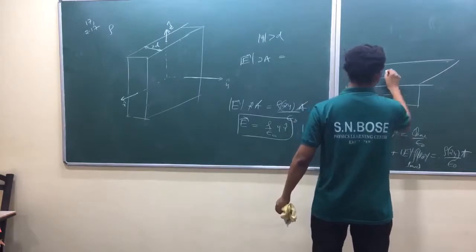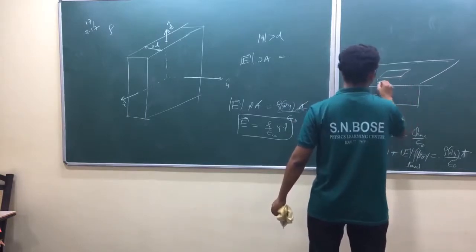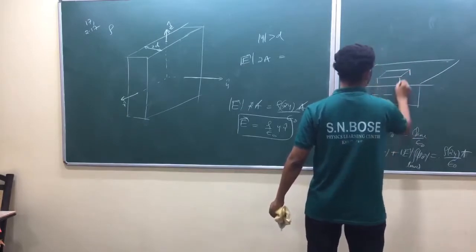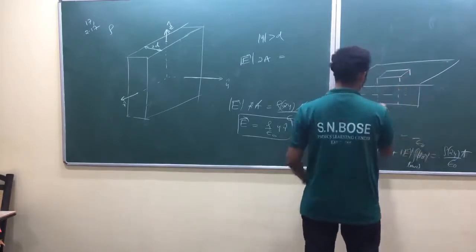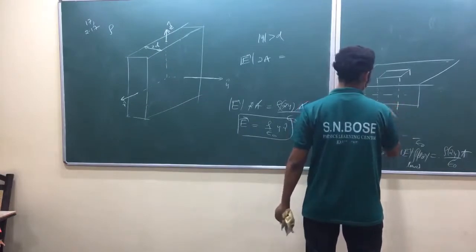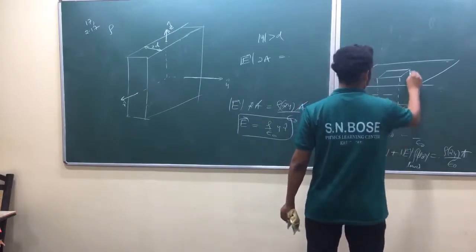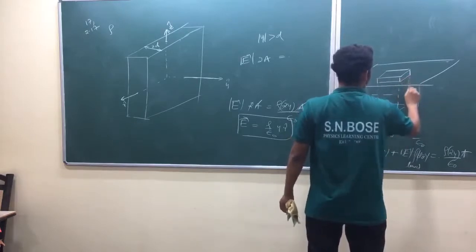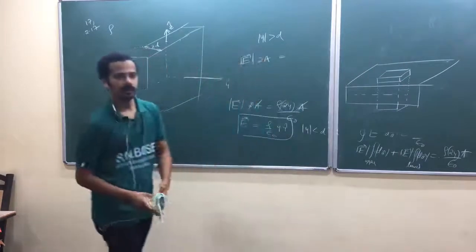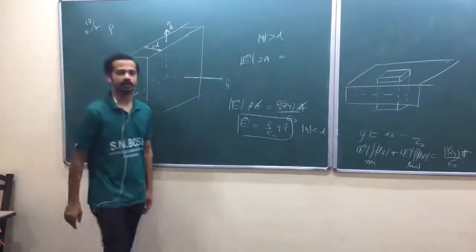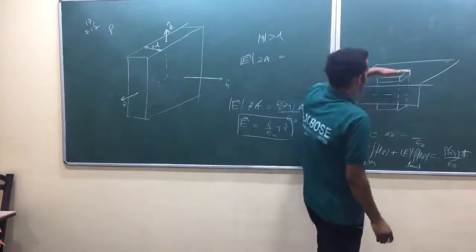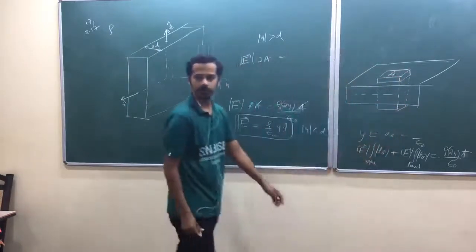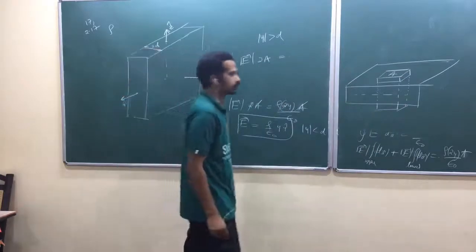So now I have to run my Gaussian surface like this. Is that okay? Above and below, symmetrically, so that I can argue the electric field at this surface and at this below surface are both the same, isn't it? Because of symmetry.